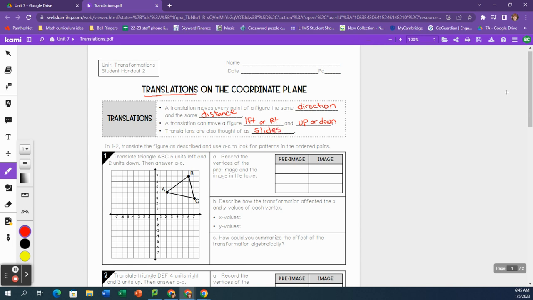Okay, so let's take a look at this image right here. We're going to translate this image to a different spot. We're going to translate, as you see right here, ABC, 5 units to the left.